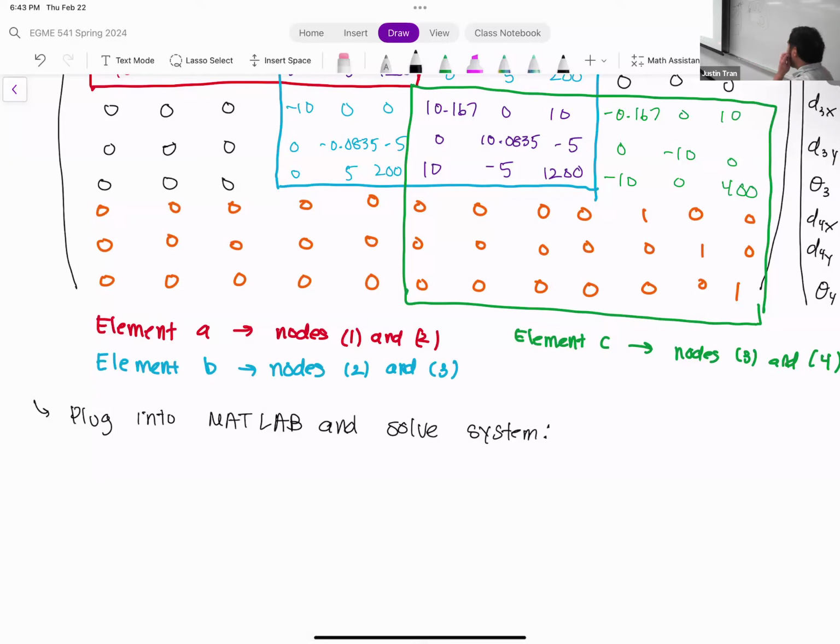And so if you solve the system, you get the following results here. We have d1x, d1y, and theta 1. Okay. All these are equal to 0 because of the fixed support. Same thing for d4x, d4y, theta 4. Okay. All these are equal to 0 because of the fixed constraint. Okay, traditionally boundary condition.